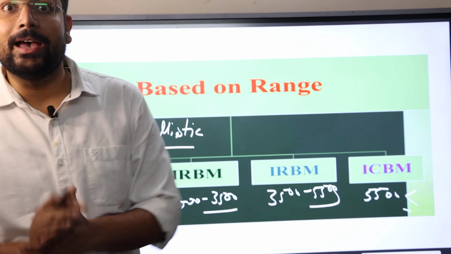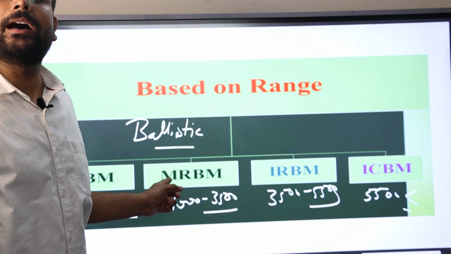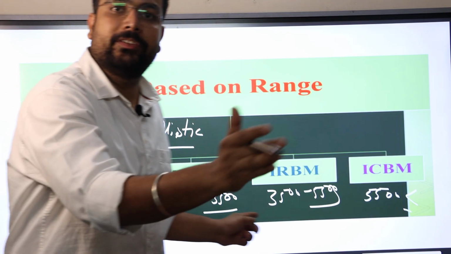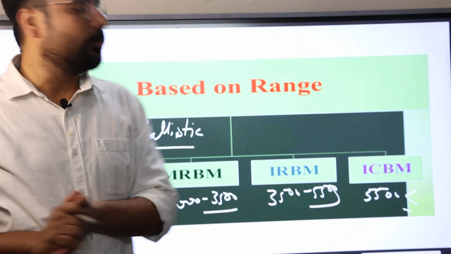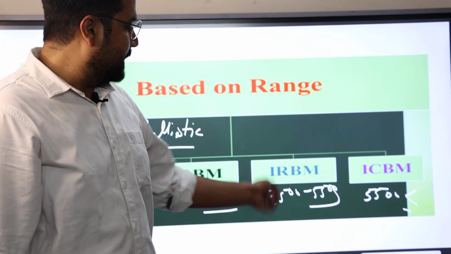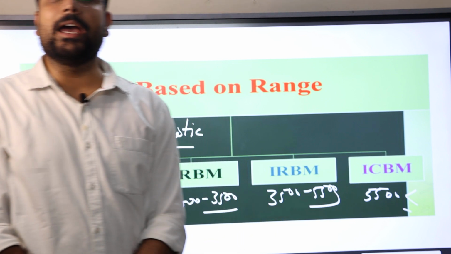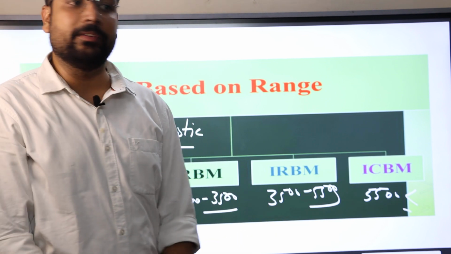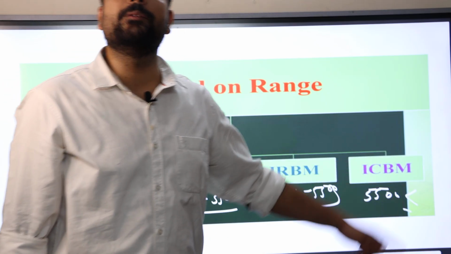If the range of a missile is between 300 to 1000 kilometer, such missiles are known as SRBM, short range ballistic missile. If the range falls between 1000 and 3500 kilometer, such missiles are MRBM. Then 3500 to 5500, this is IRBM, intermediate range ballistic missile, and beyond 5500, the missile would be ICBM.